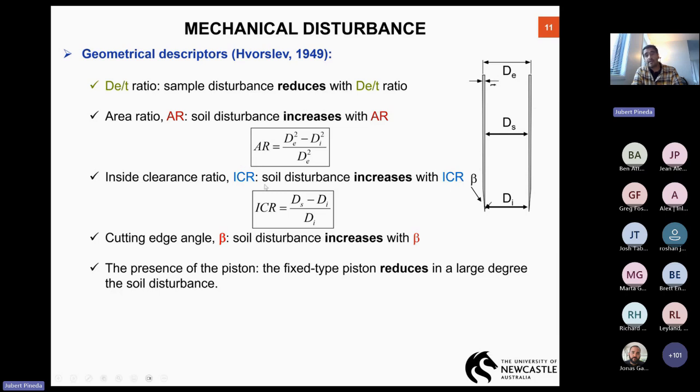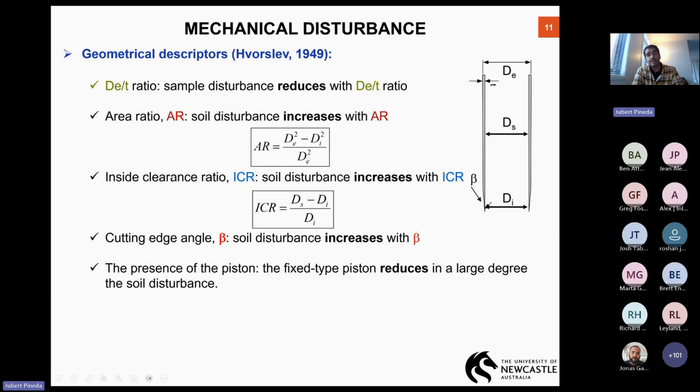Another factor that they identified is that in the old days, we used to have different diameters at the toe of the sampler with respect to the diameter in the center of the sampler. So we used to have some sort of clearance for the soil to relax laterally once it was inside the tube in the middle.